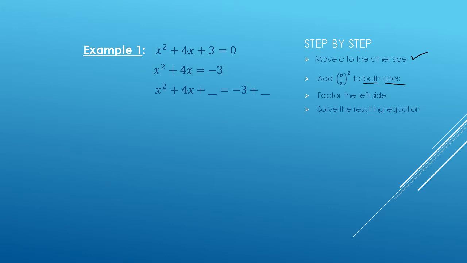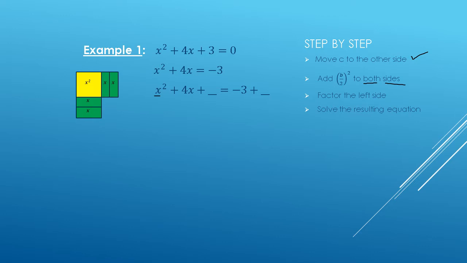So what is that number? Here's a little visualization to help you. There's my x squared box, my tile, and my 4x's. To make this into a square, I'm going to want to split them up evenly. So 2 to the side and 2 below, like that. That way I make a square shape.